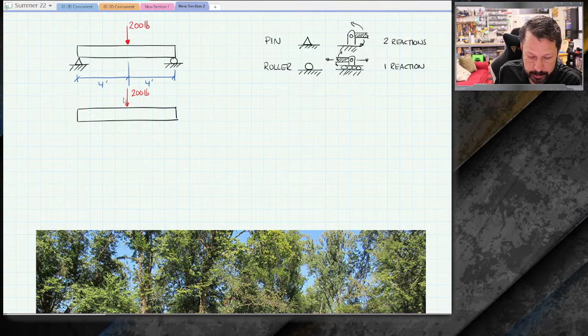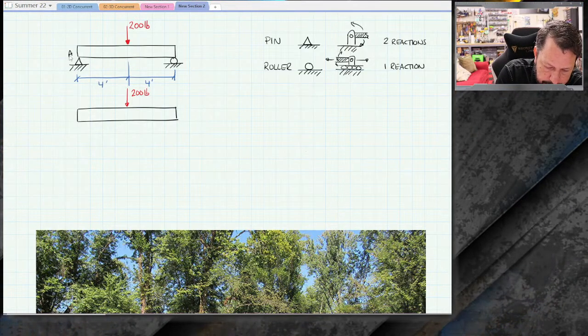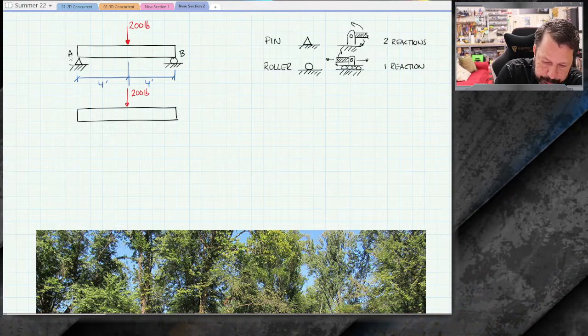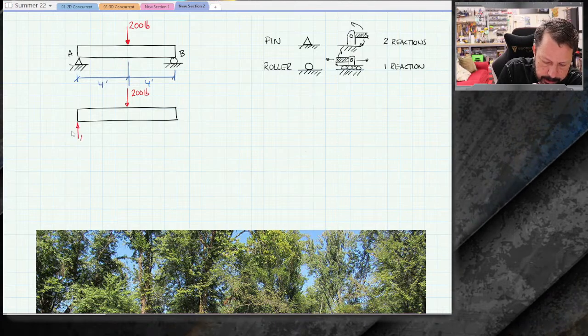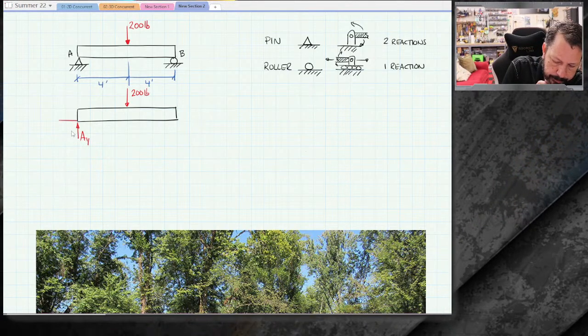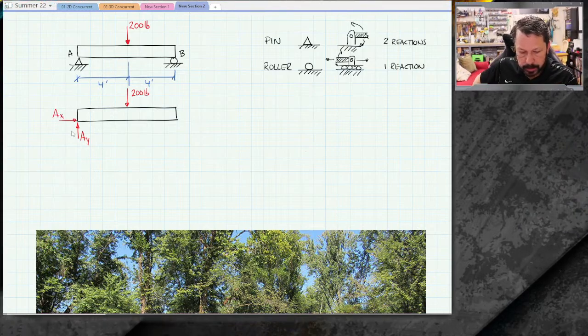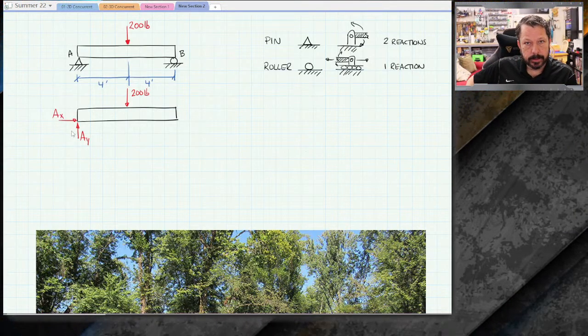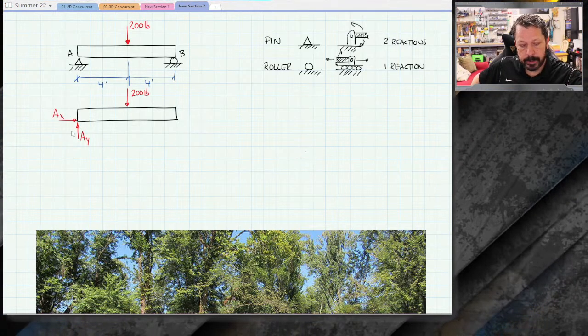So the pin has two reactions. Let's call that end A, and we'll call the roller end B. I can label these forces AY and AX. They're the reactions that the pin has on the beam.